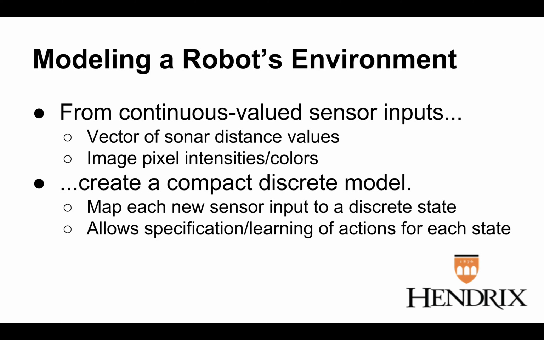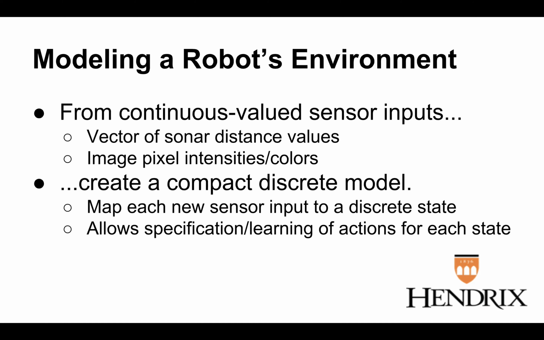If you imagine range sensors, for example, those sensors are giving values that are distances in meters, which includes fractions and the like. If you imagine the use of cameras and images, you've got some m by n matrix of color and intensity values.